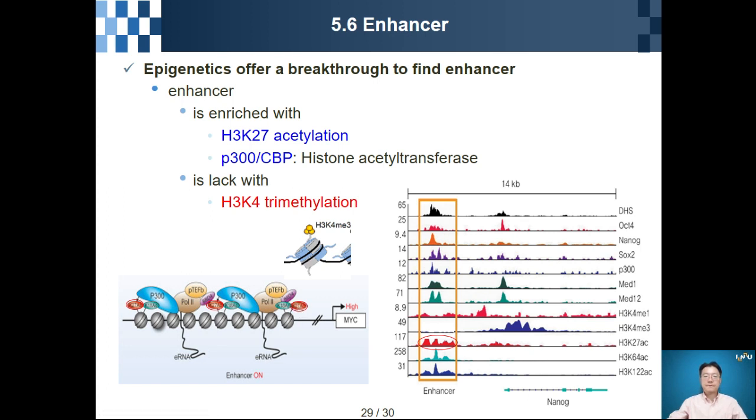People also found that enhancer regions are enriched with P300. P300 is a histone acetyltransferase, so the enhancer region is highly enriched with P300 like this.